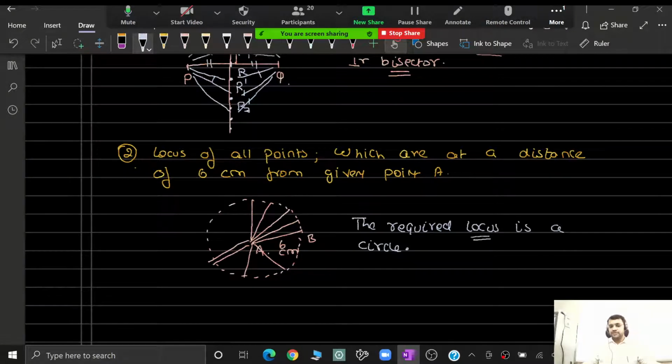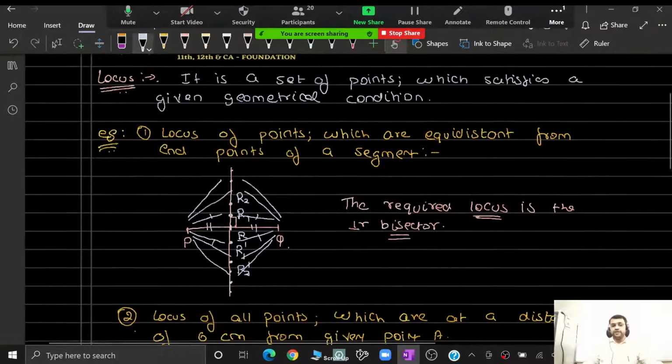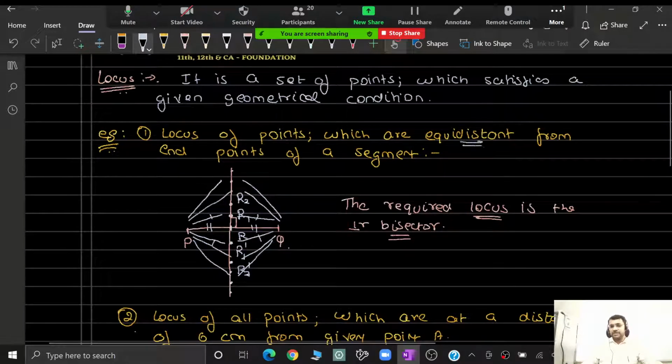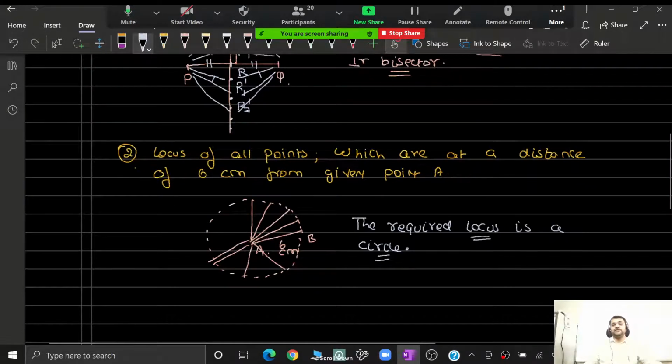So this is the basic meaning of the locus. It is nothing but the set of points which satisfies the given geometrical condition. In the first case, I considered the geometrical condition of points which are equidistant from the endpoints. In the second case, I considered the points which are at a distance of a given centimeter or a given unit from a certain fixed point A. So that is basically the meaning of your locus.